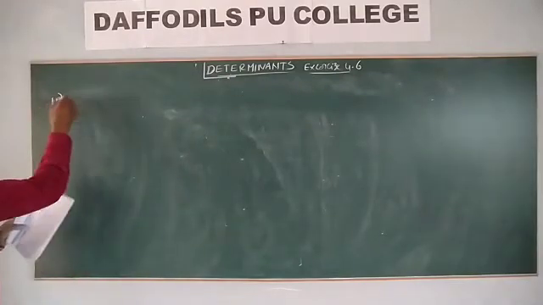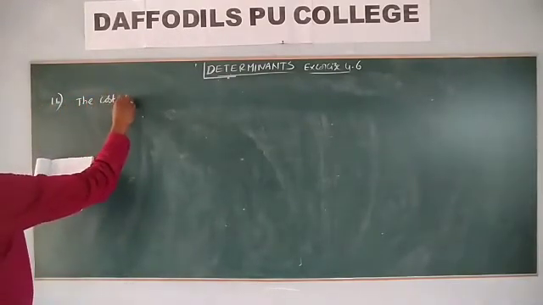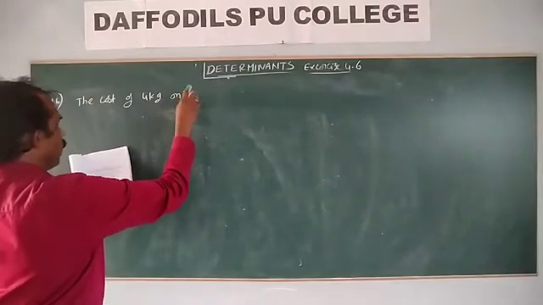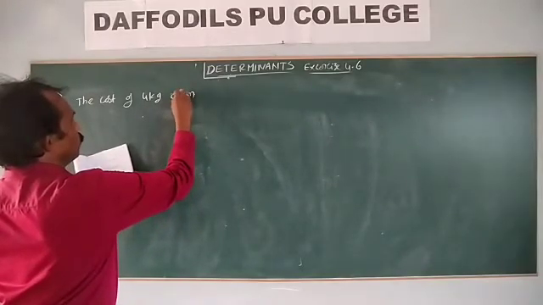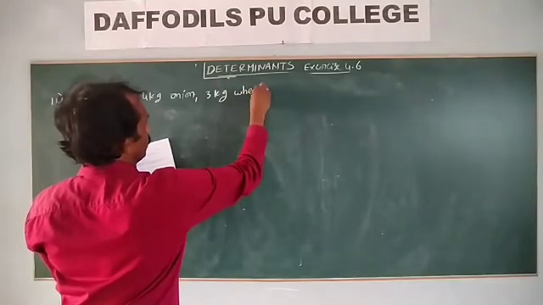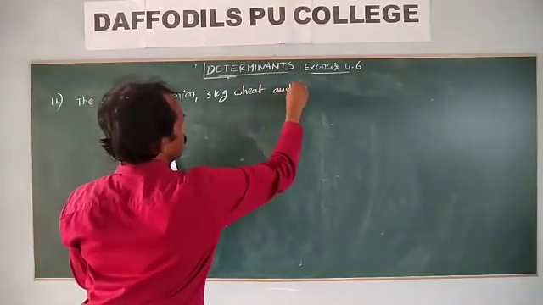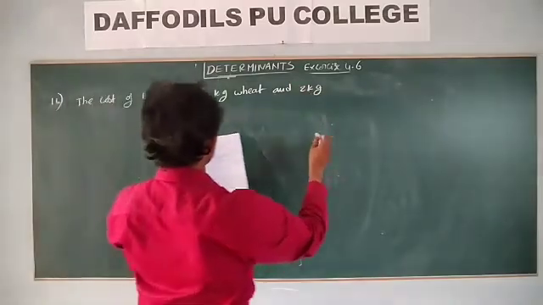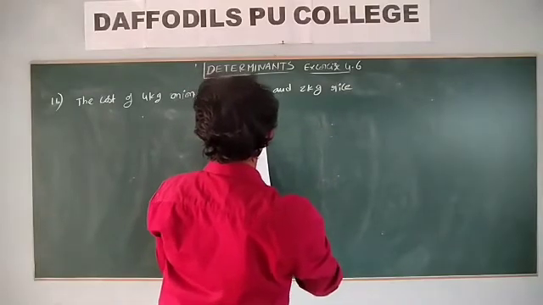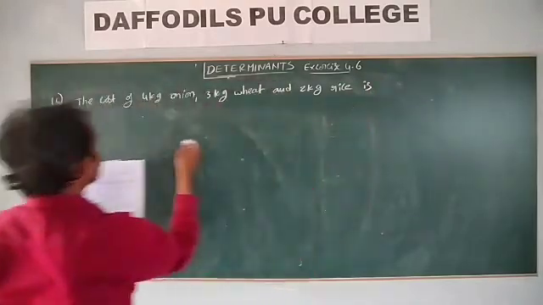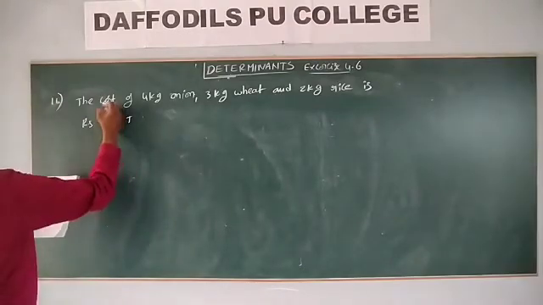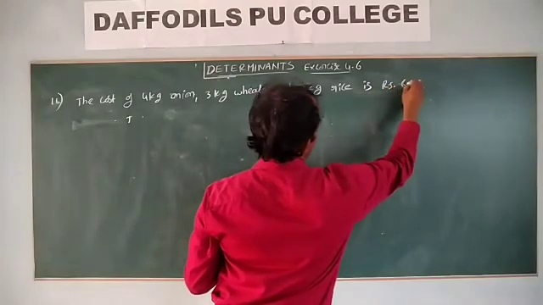Next is 16. The cost of 4 kg onion, 3 kg wheat, and 2 kg rice is rupees 60.